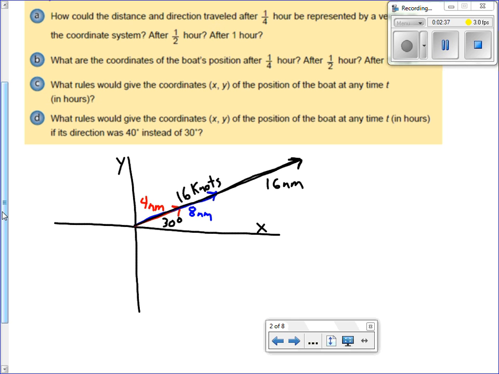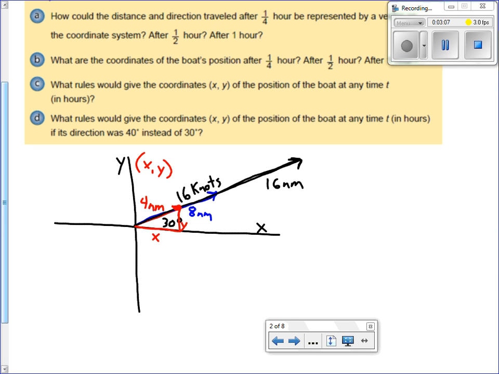So part B. What are the coordinates of this boat's position after a 1/4 hour, after a 1/2 hour, and after 1 hour? 1/4 hour. Use your skills from last week. You have a horizontal and a vertical component. The horizontal is x, the vertical is y. This point has the ordered pair x comma y.